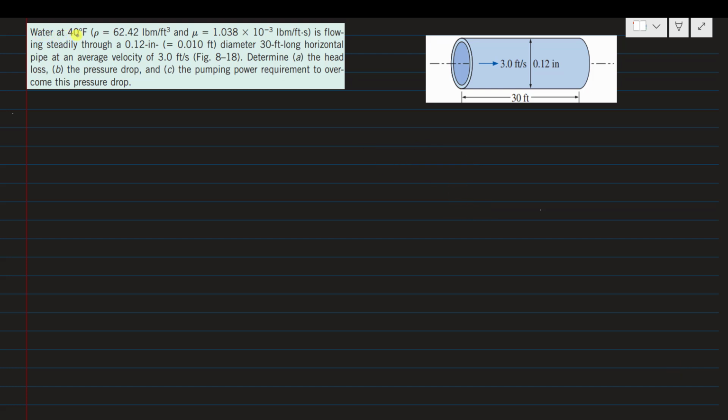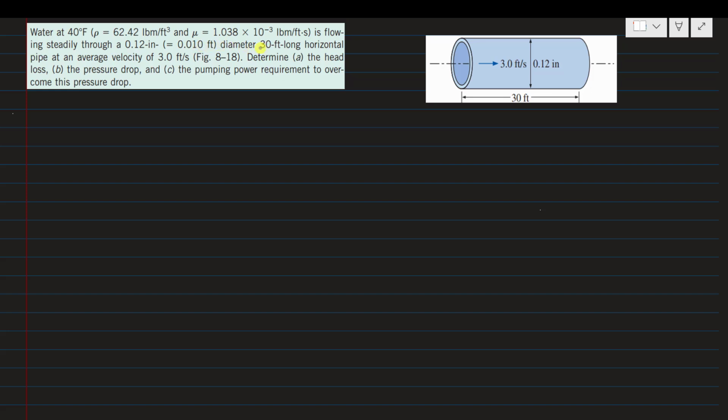Water at 40 Fahrenheit, its density is 62.42 pound per foot cube and dynamic viscosity is 1.038 multiplied by 10 to the power minus 3 pound per foot second, is flowing steadily through a 0.12 inch diameter pipe. Converting to foot, it will be 0.01 foot.